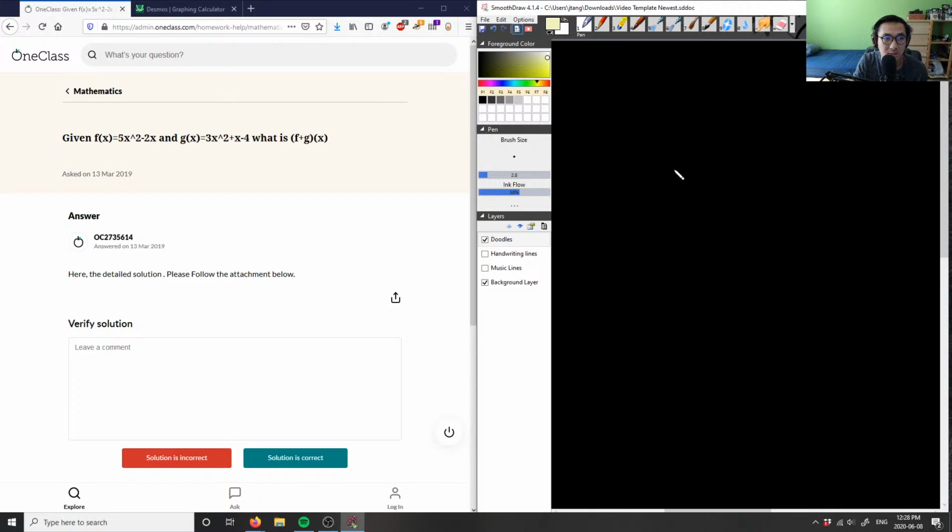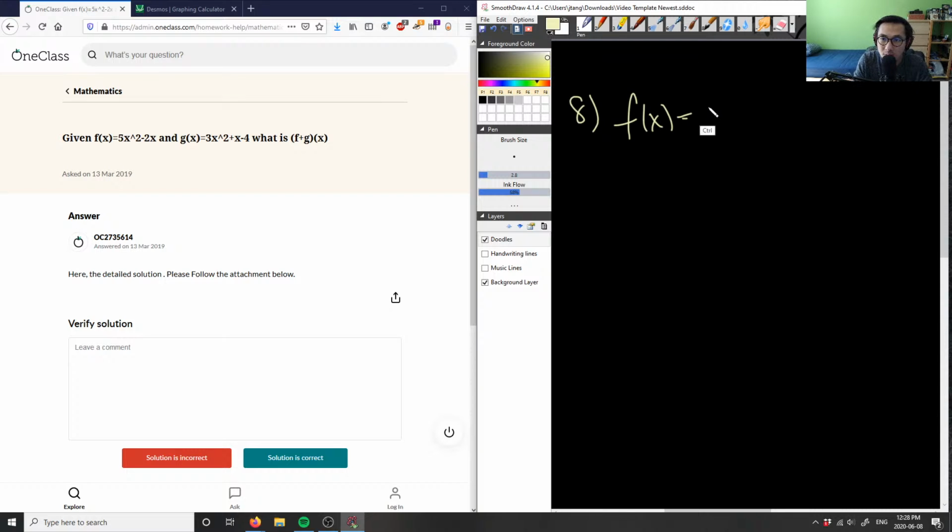Given f of x equals 5x squared minus 2x, and g of x is 3x squared plus x minus 4, what is f plus g of x? And as you can see, the solution is not here, incomplete solution, because I cannot see the attachment clearly. So incorrect solution because I don't see the solution to the problem, sorry.